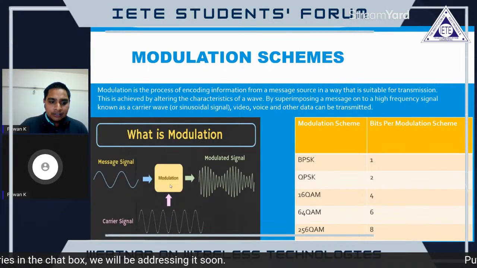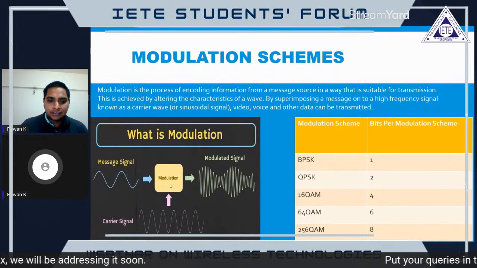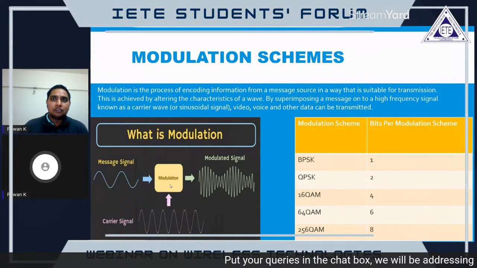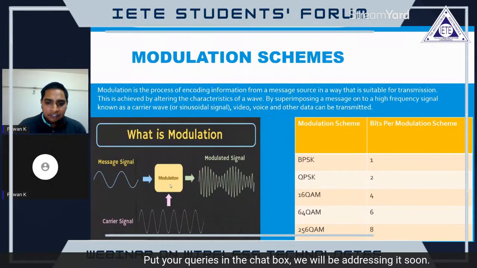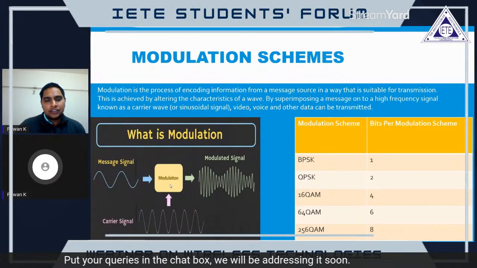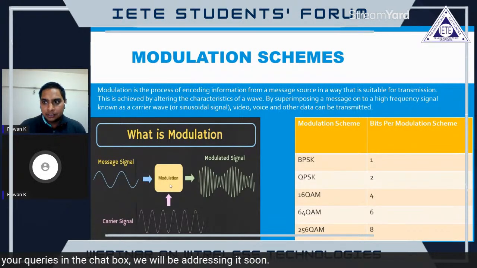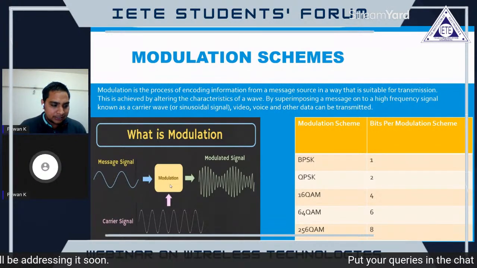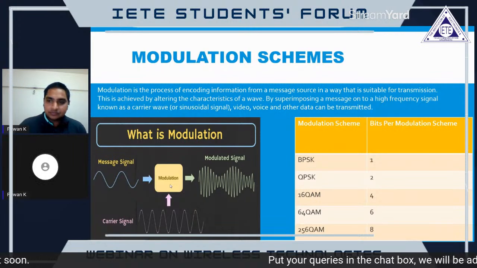If it is one, then we will send some positive voltage, or positive power, or positive current. If it is minus one, then we will send less power compared to the power we sent with the signal one.